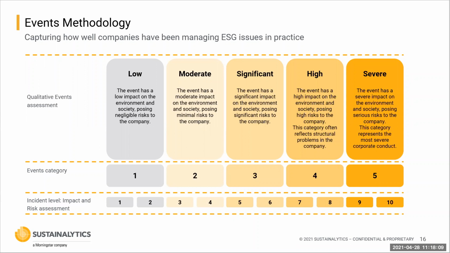So the analysts for categories 3, 4, and 5, which is significant, high, and severe, the analyst includes an outlook, which effectively is our view as to whether an incident will improve or deteriorate for the company. And our clients are using the outlook assessment as a key input into forward-looking analysis on where the company may be headed on specific issues.